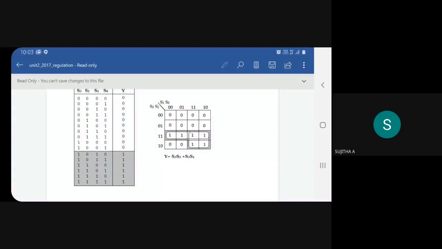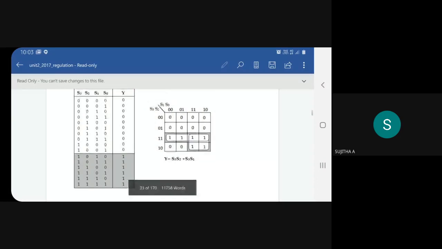The Y column is nothing but the carry. From 0000, that is from 0 to 9, you get the carry as 0. From 10 till 15, you get the carry as 1. What I explained previously, that carry column, has been put directly in Y. That's it. Can you understand?